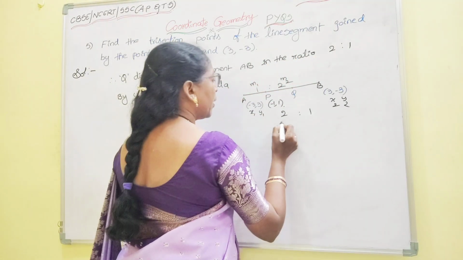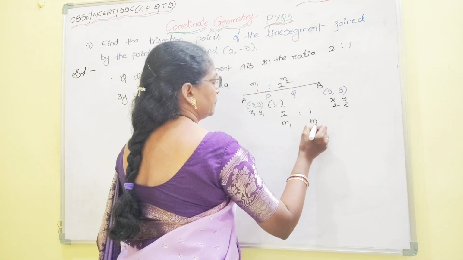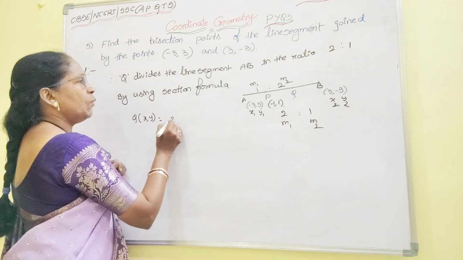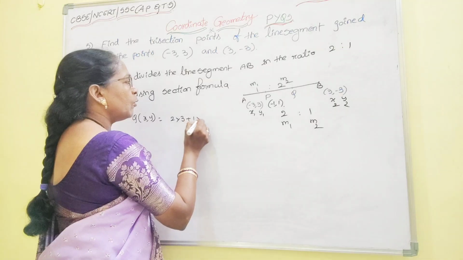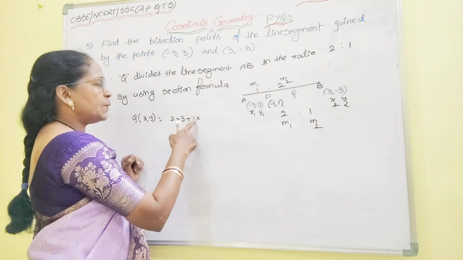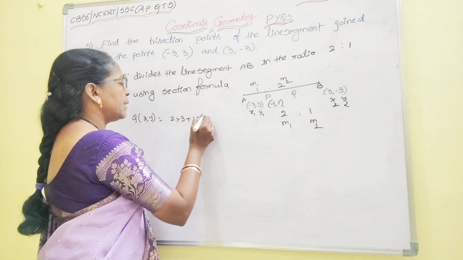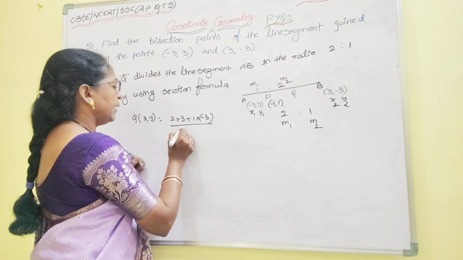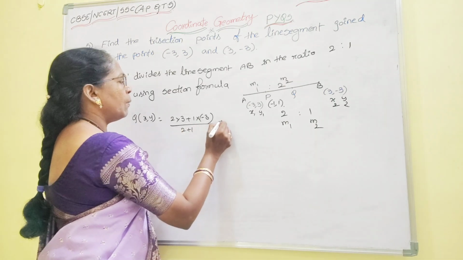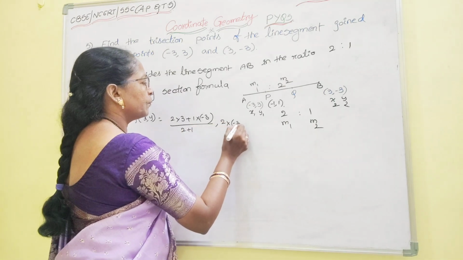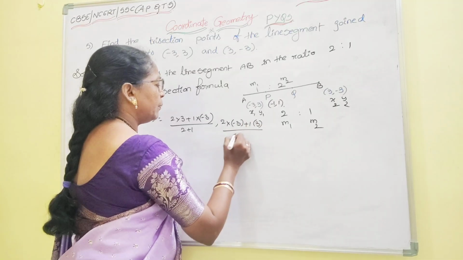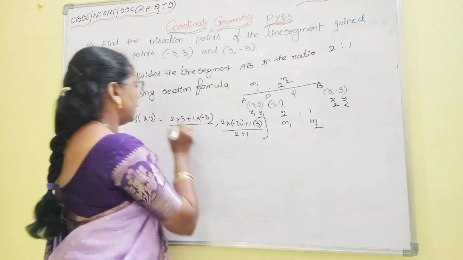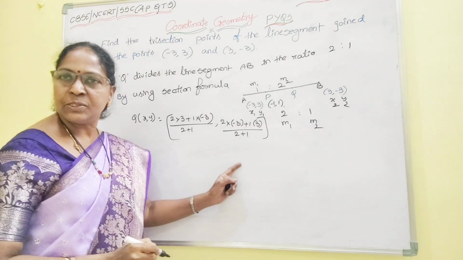Here these two are m1, m2. m1 is 2 into x2 equal to 3 plus m2 equal to 1 into minus 3, divided by m1 plus m2, comma m1 y2 plus m2 y1 divided by m1 plus m2. These are the substituted values in the formula.